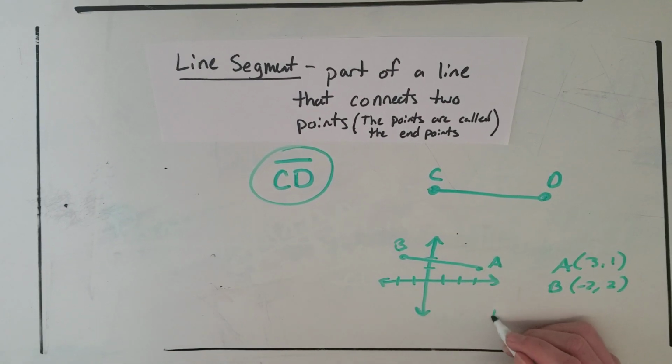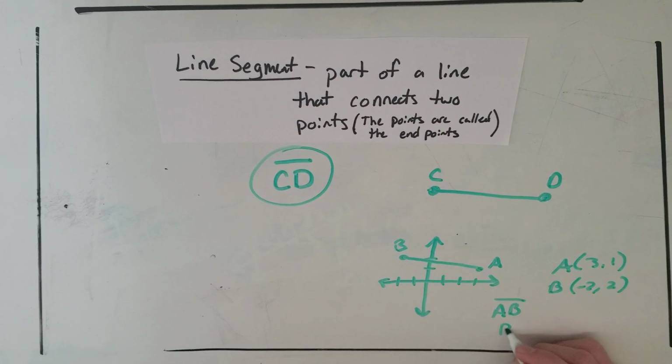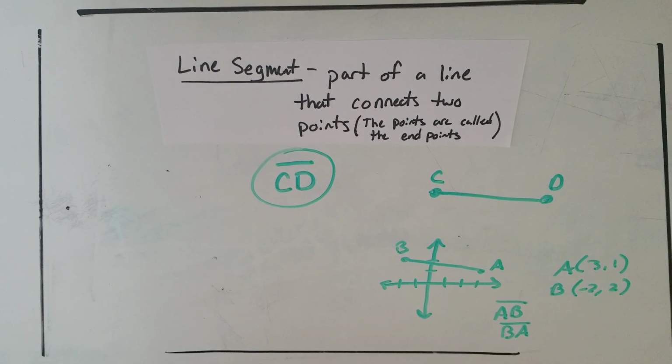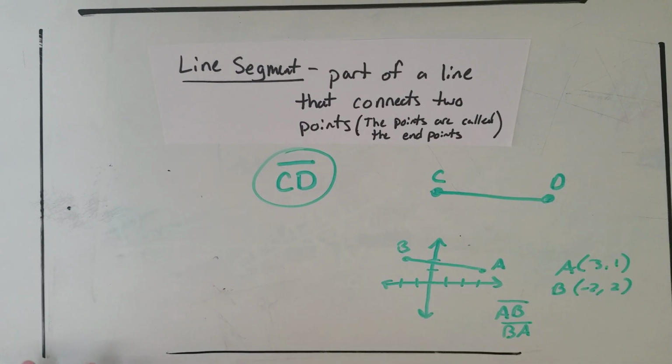You can either call it line segment AB, or you could call this line segment BA, and you also could call the other one line segment DC. You can go either way. Make sure you have both of your endpoints. Your endpoints are where the line segment ends on both sides. So there's a line segment.